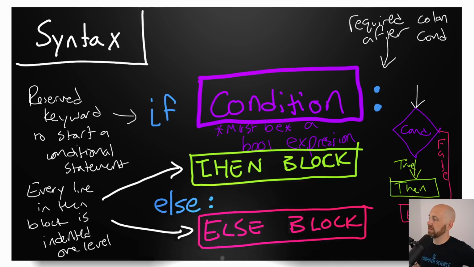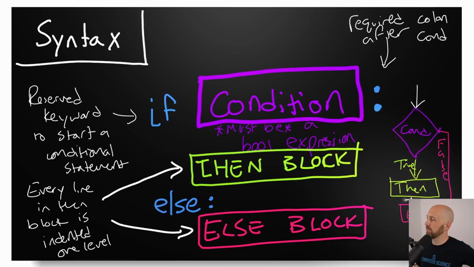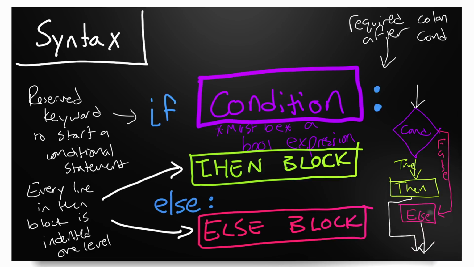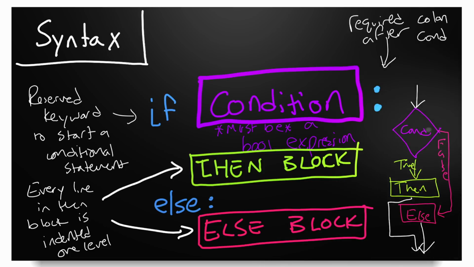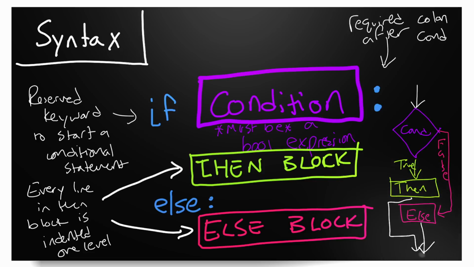Now, after the then block and the else block, both of these will continue on directly in the next step of the program. So let me actually get out of the way here, go to screen only. So after the then block continues, notice we're going to skip over everything that was in the else block, and we're just going to continue on to whatever comes next in our program. And same idea with the else. If that condition tests to false, we skip over the then block and we continue on in our program.